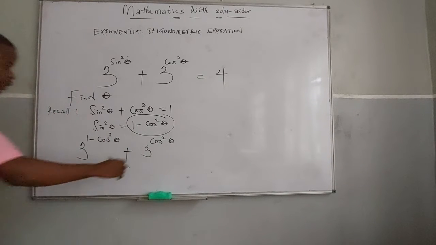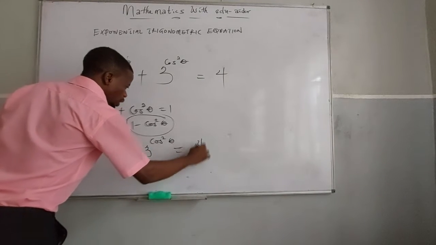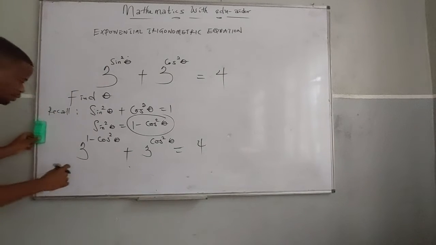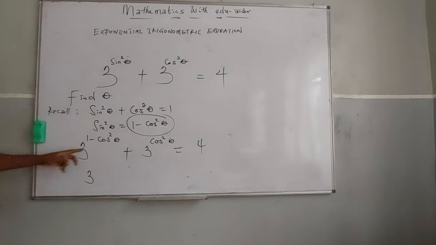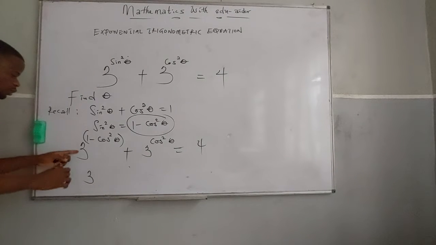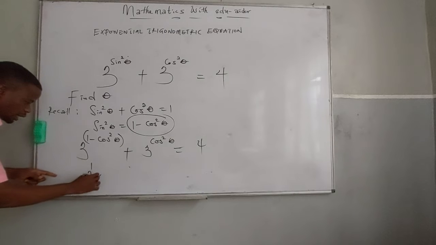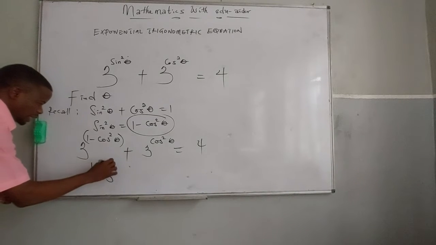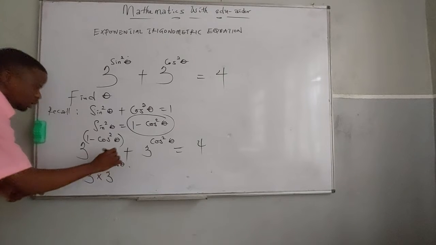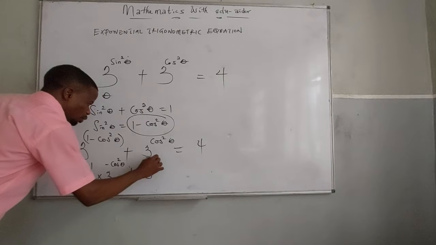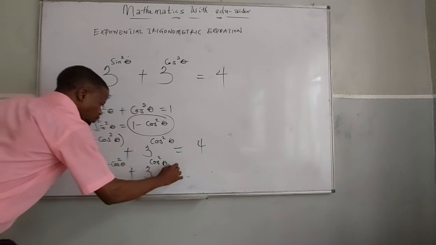The expression, therefore, is equal to 4, right? So let's simplify this. By the law of indices, this is a power, so this will carry 3 raised to the power 1, then times 3 raised to the power minus cos squared theta. Then plus, this one remains what it is, 3 raised to the power cos squared theta. That is equal to 4.